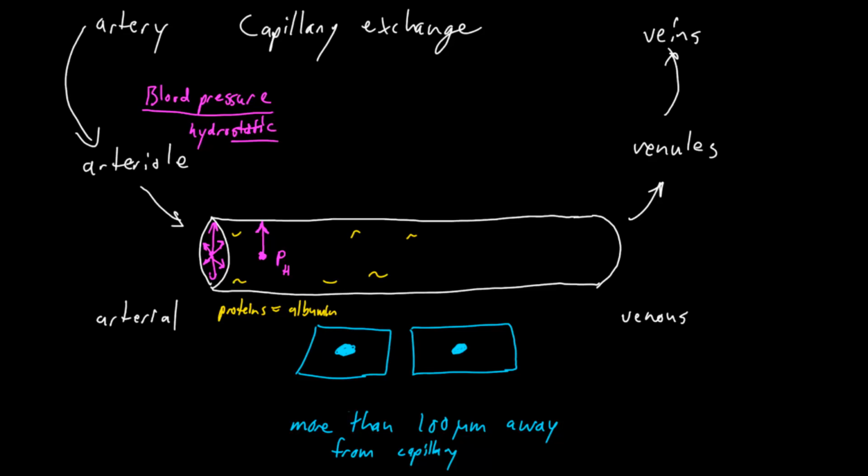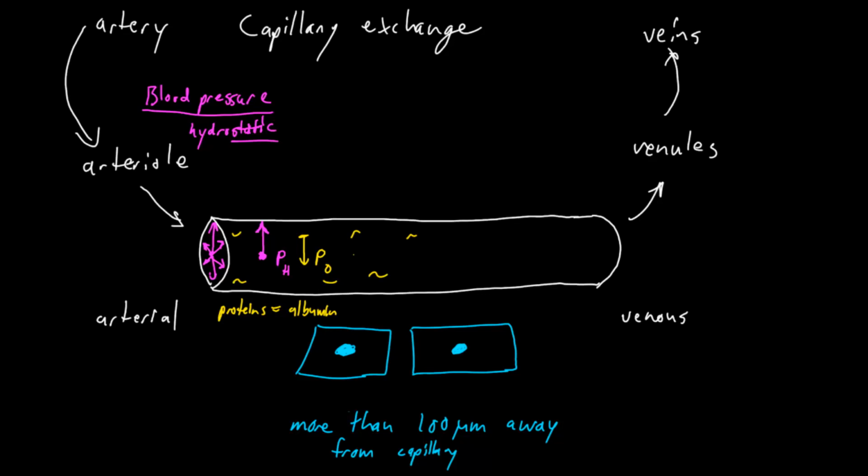So the large proteins here are present within the capillary, but they're not in high concentration outside the capillary. What this means is that overall, there is an osmotic pressure that tends to try to hold on to fluid in the capillary. So I'll abbreviate this as pressure osmotic.